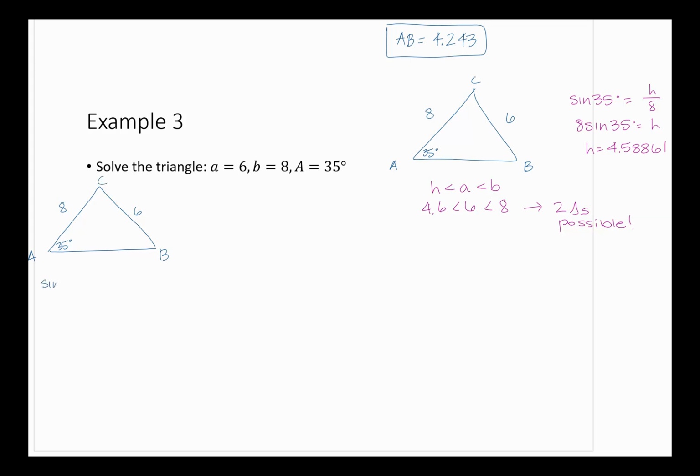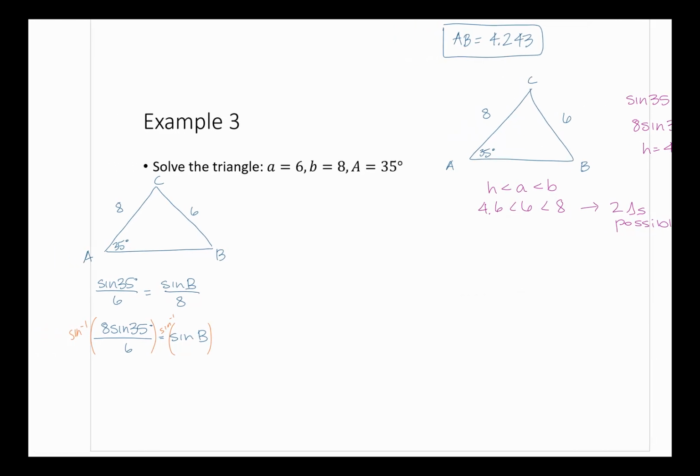So I'm going to do the law of sines. So I have the sine of 35 degrees over 6 is equal to the sine of B over 8. So 8 sine of 35 over 6 equals the sine of B. And then I take the inverse sine of both.